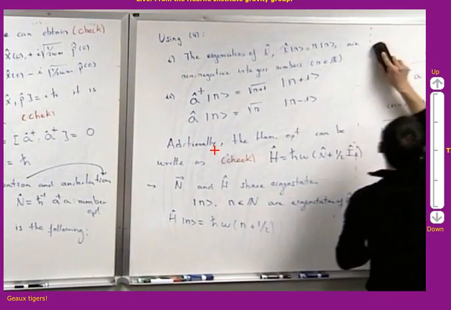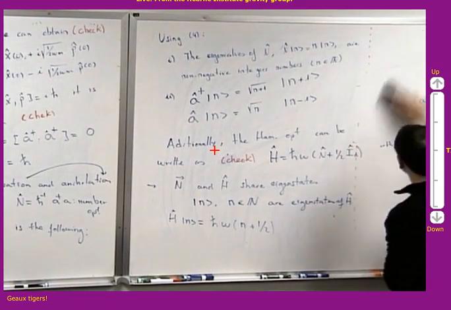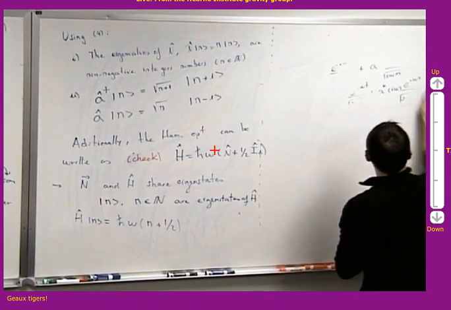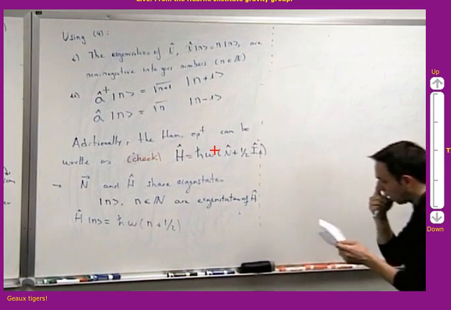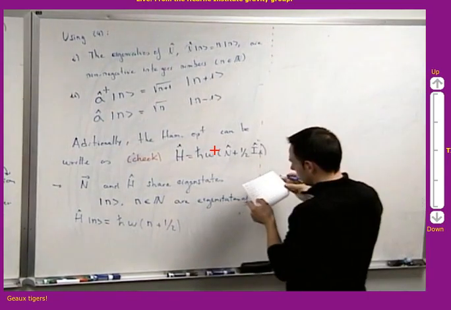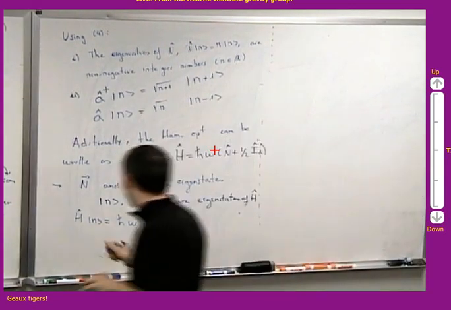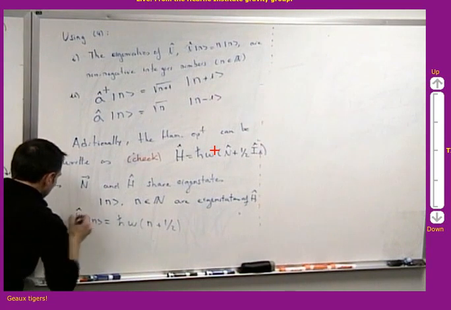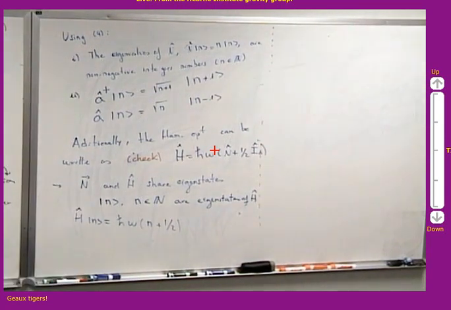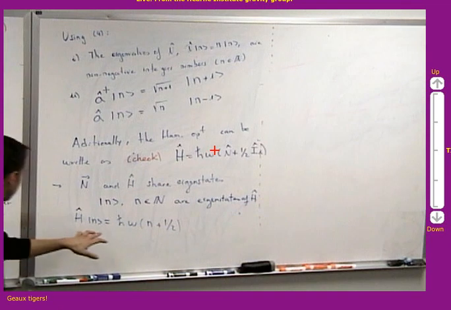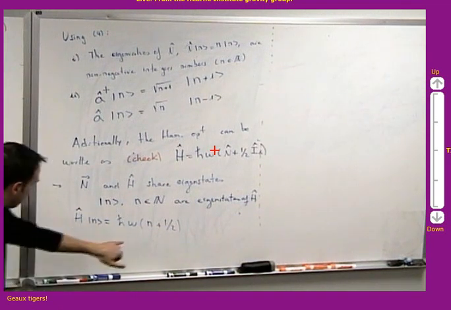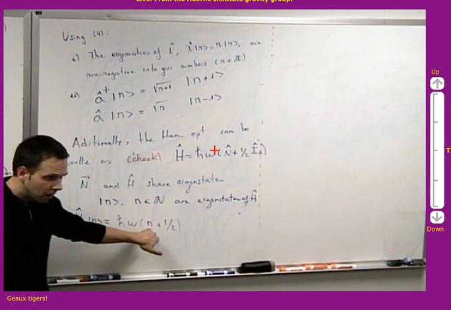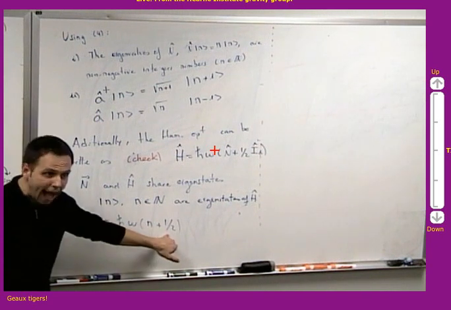So this is the spectrum of the Hamiltonian, and from here we can identify what the vacuum is. One more thing I want to mention is that for the vacuum, the state with lowest energy corresponds to n equals 0. The energy is not 0, it's 1/2.